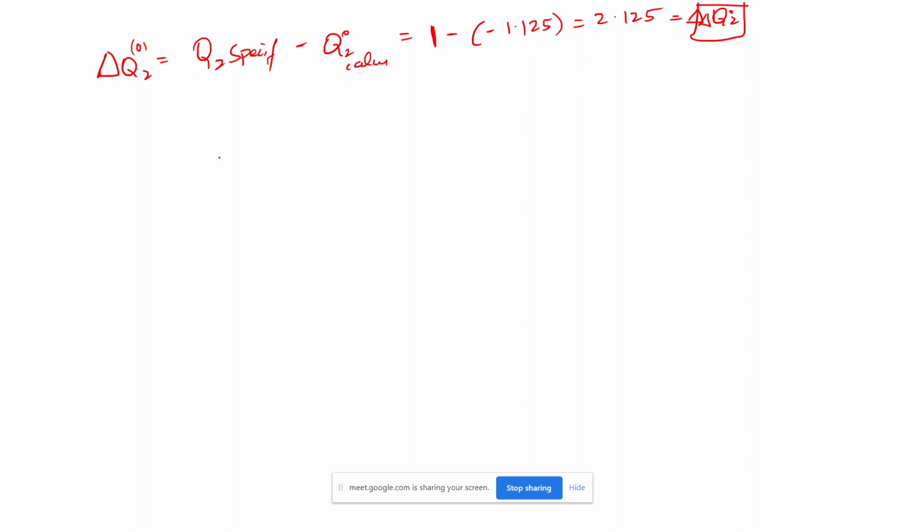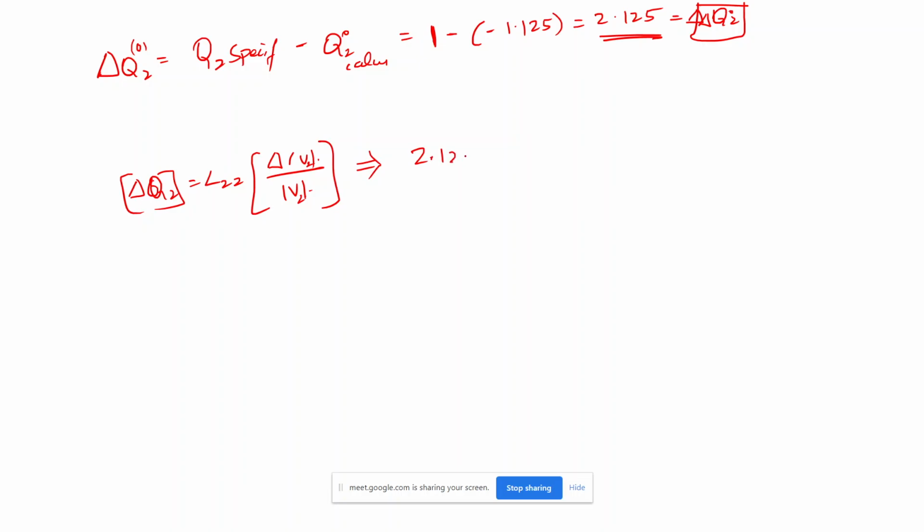Now we know what is L22 value also, and we know what is change in Q2 also. From this I can solve my change in voltage divided by voltage. Here this voltage is nothing but V2. This voltage is the assumption, and this one we need to find out. If the assumption value is 1, then this equation will become, so change in Q2 is nothing but this value.